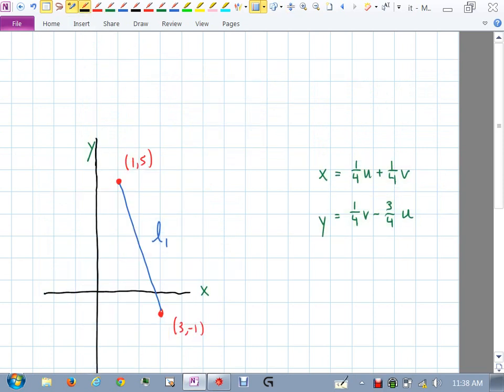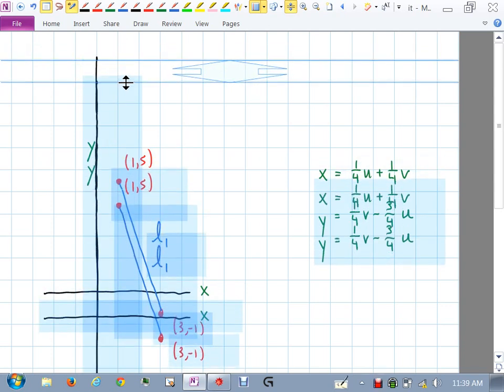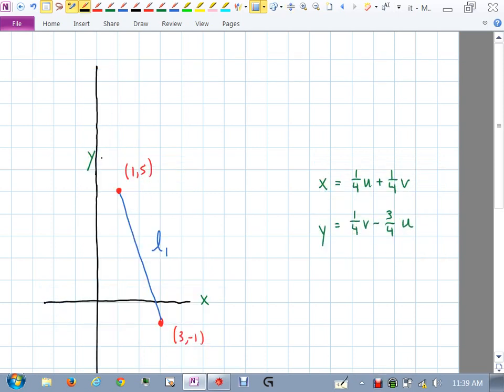Following the same pattern, it would hit at 5, 6, 7, 8. No, that's not 8. That's 8. So it should extend like that. So the equation of this line, L1, would satisfy the equation y = -3x + 8. Agreed?